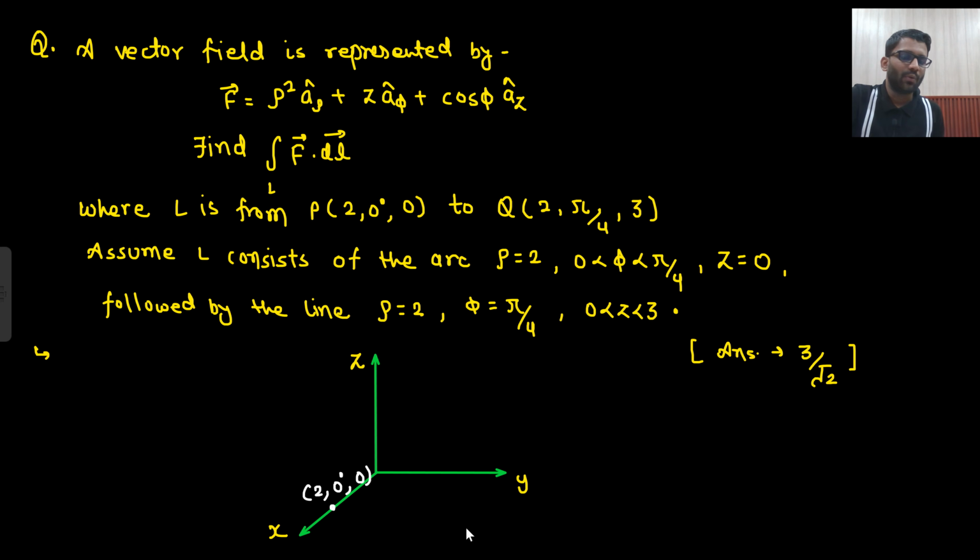P to Q I need to go. Q is at 2, pi by 4, 3. So angle made from the x-axis by the projection, and the length of z is 3. So it will be somewhere here.